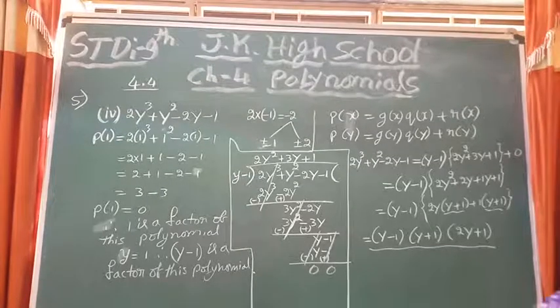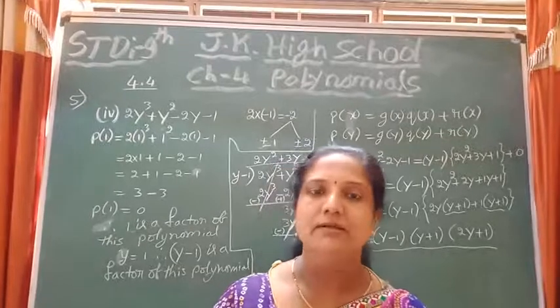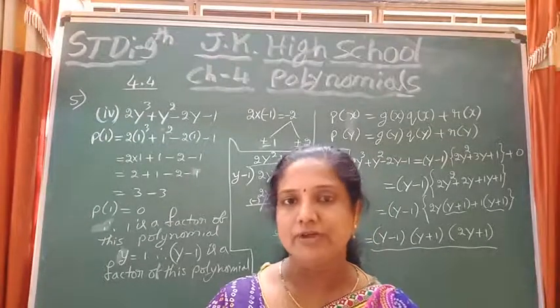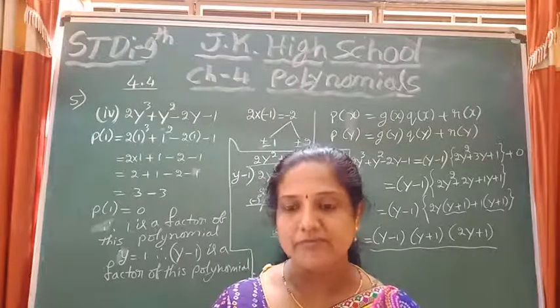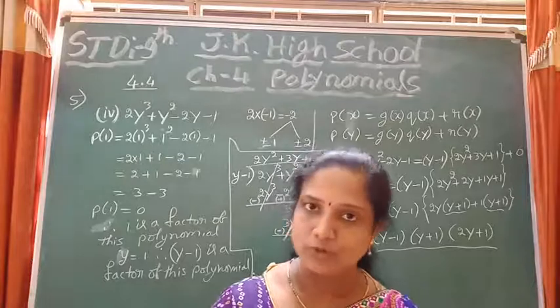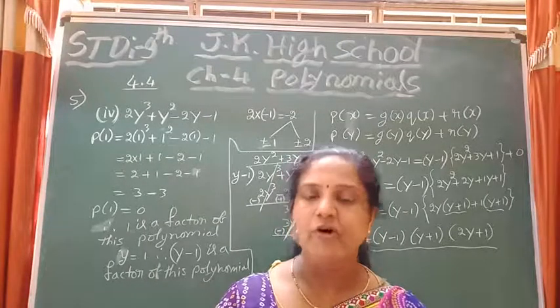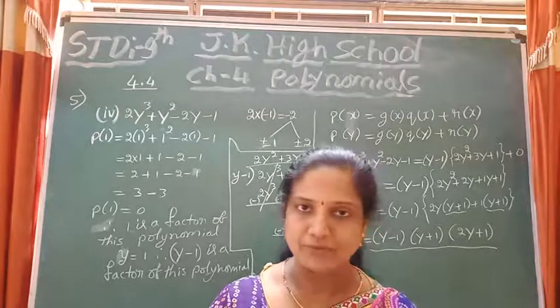Okay, children? So you understood the method, no? When they give you a cubic polynomial, multiply the numerical coefficient of the first term and the last term and find out the factors of that number. Then go on checking one by one which value, if you substitute in that polynomial, you will get 0 as a remainder. For whichever value you get 0 remainder, that value is a factor of that polynomial.